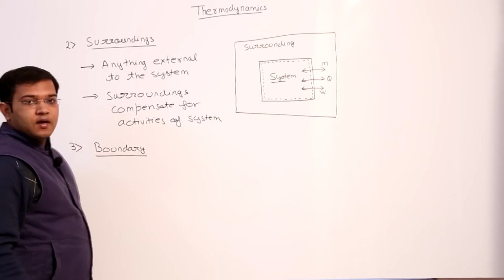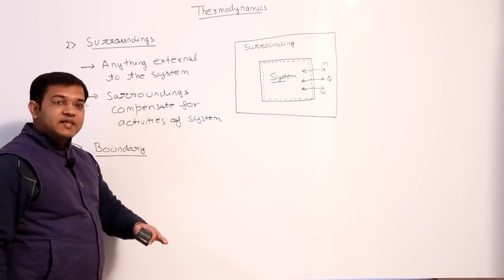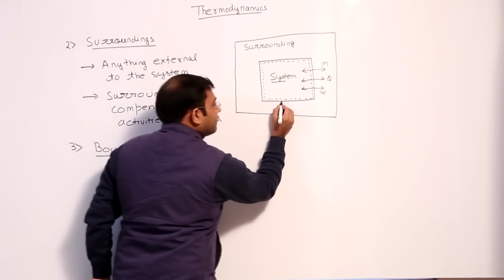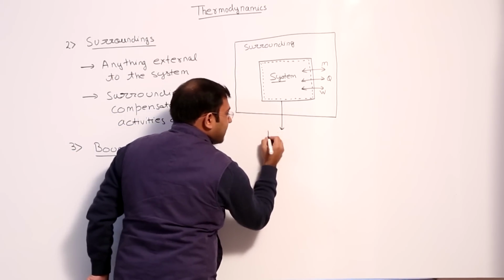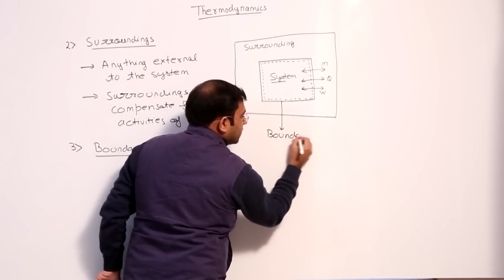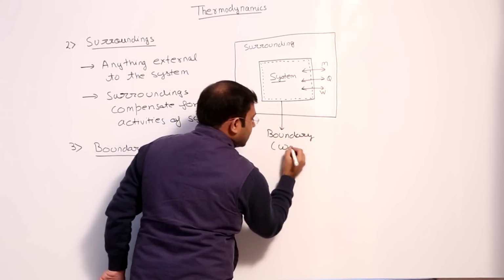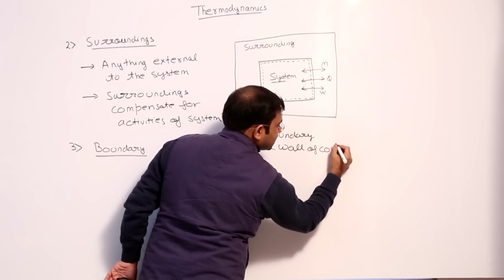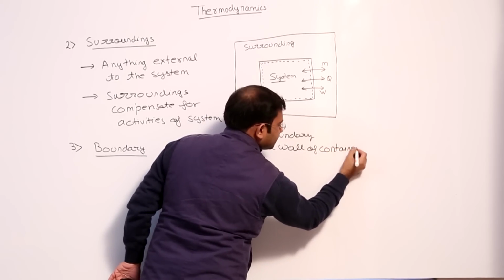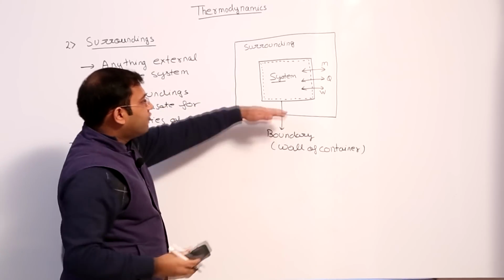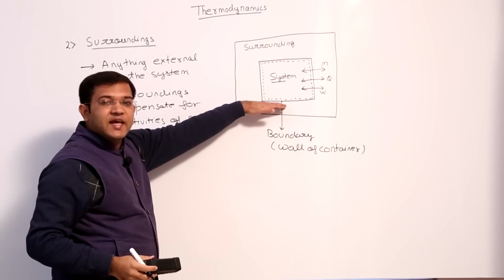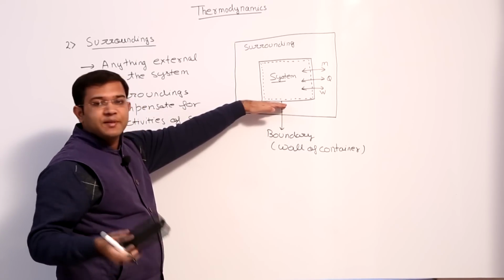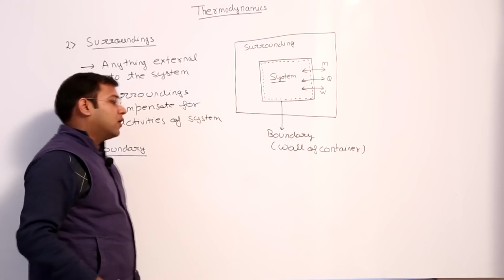Now come to the third definition, boundary. The surface that separates the system from its surrounding is known as boundary. Here the walls of this container separate the system from the surrounding, and the walls of the container are known as the boundary of the system.